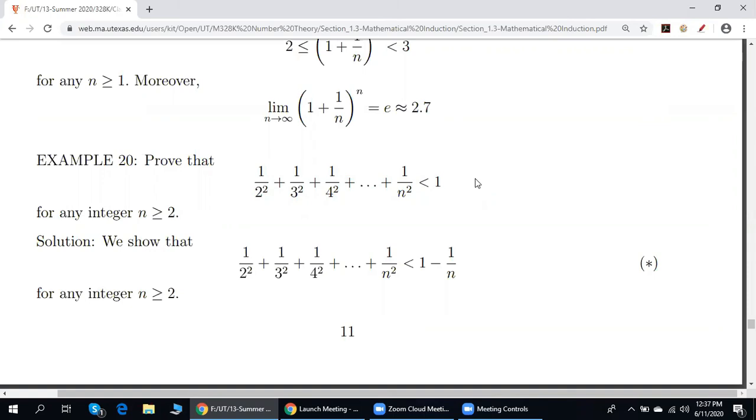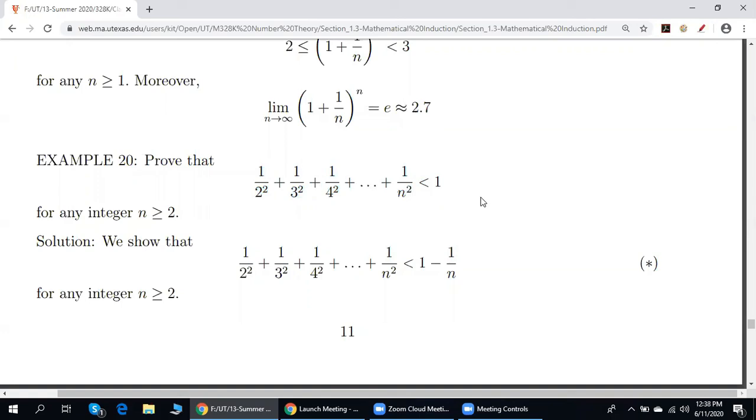However, if we first come up with an auxiliary inequality that implies this, that can be proven by induction, then the problem will be solved. Here is an auxiliary inequality. It's over here. Note that since 1 minus 1 over n is lesser than 1, this implies this.